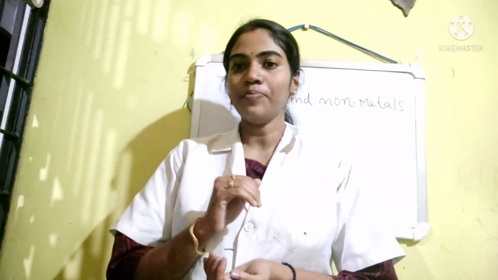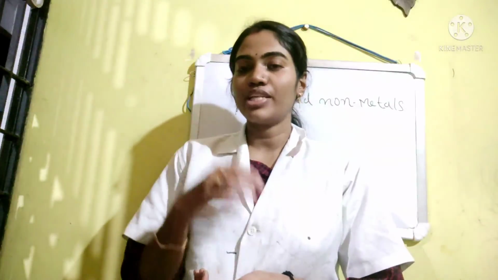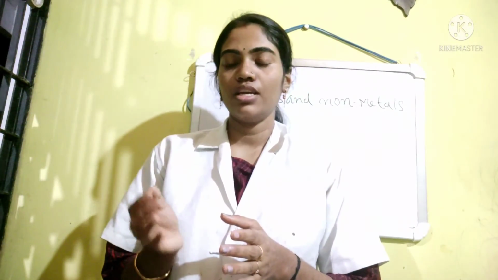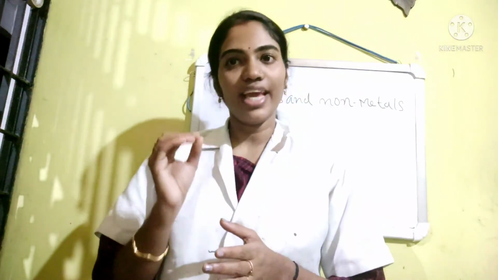Therefore, we can say metals are hard. And the hardness of metal varies from metal to metal. And there are some exceptional cases. Sodium, potassium, lithium, such metals can be cut using a knife. So they are soft metals.